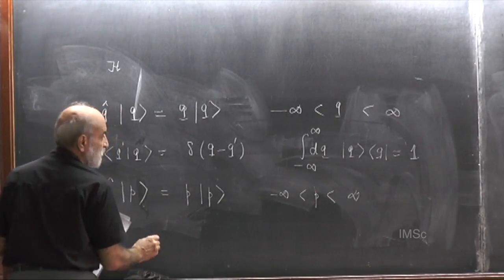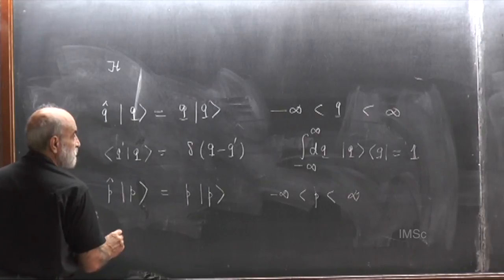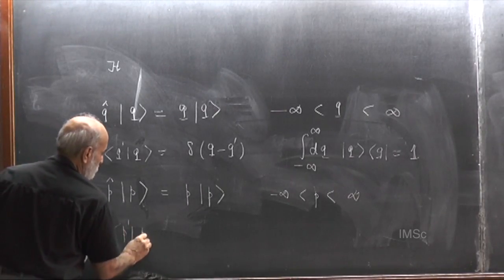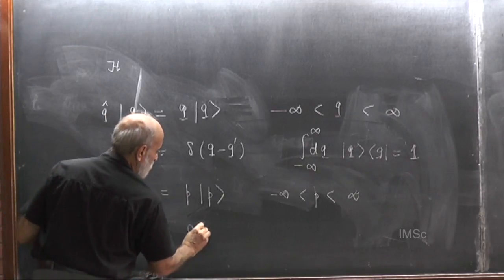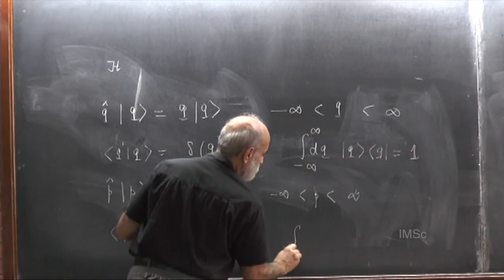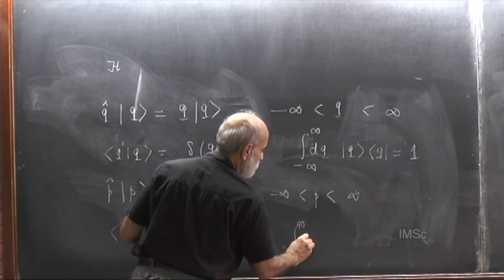And like the coordinate eigenstates, their inner product gives a delta function of p minus p prime, and they give you a resolution of the identity.